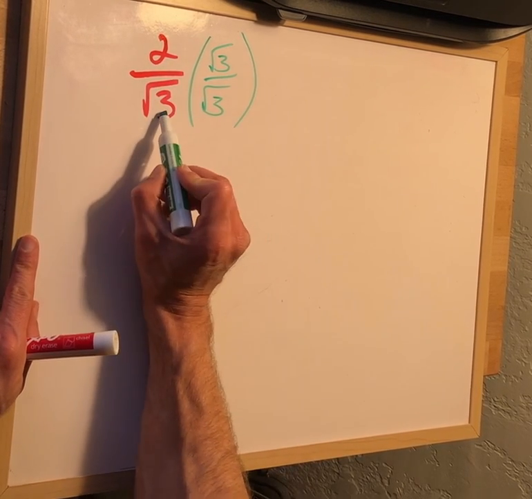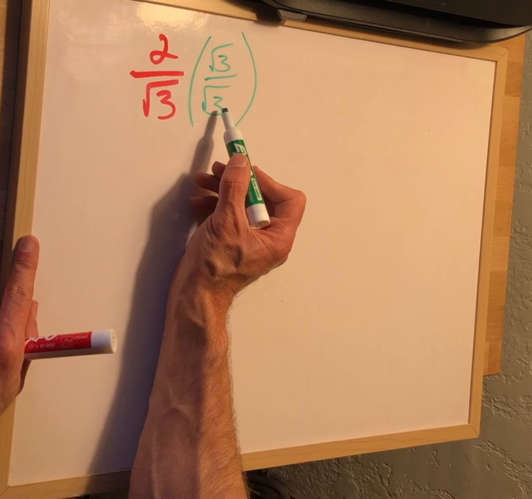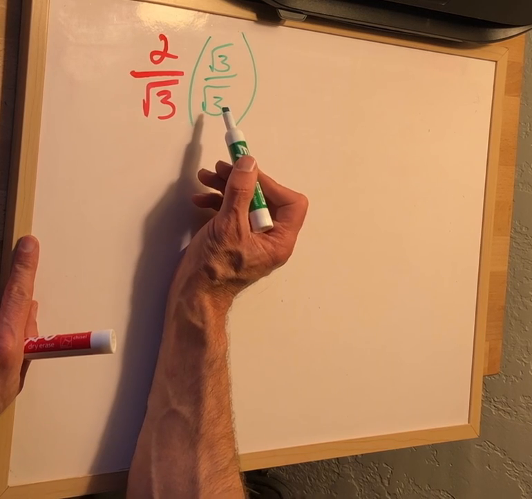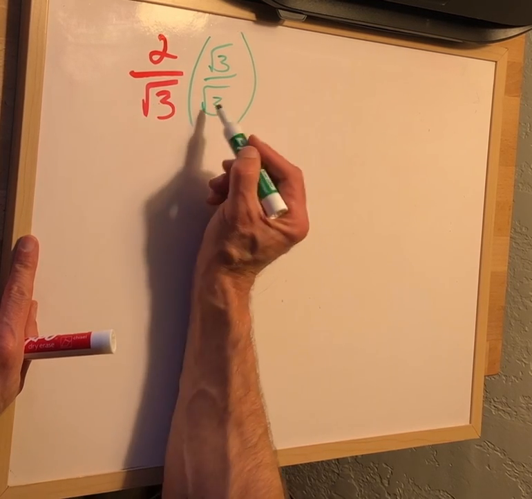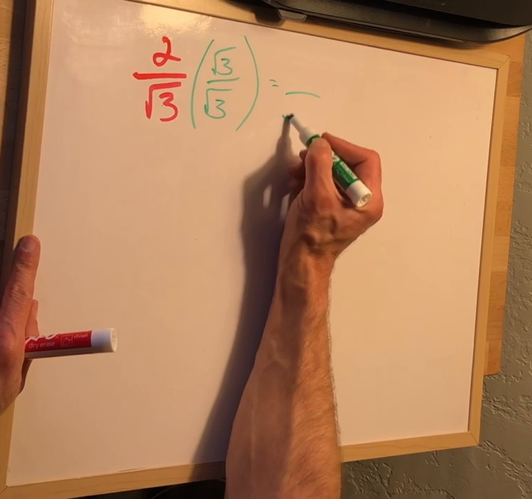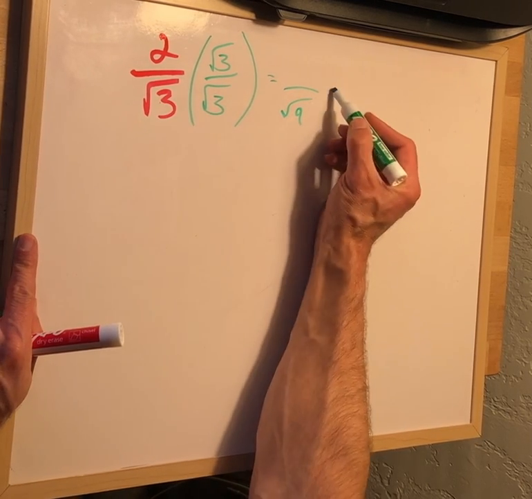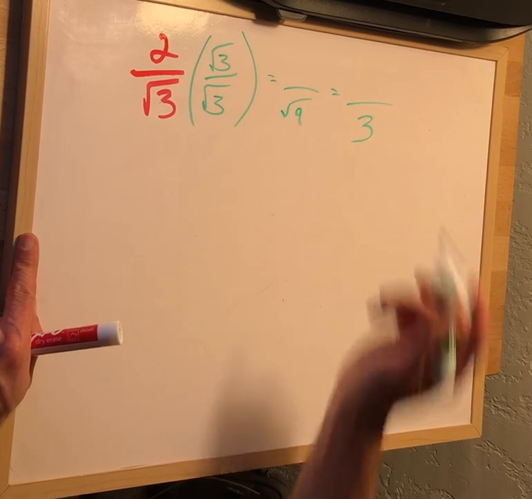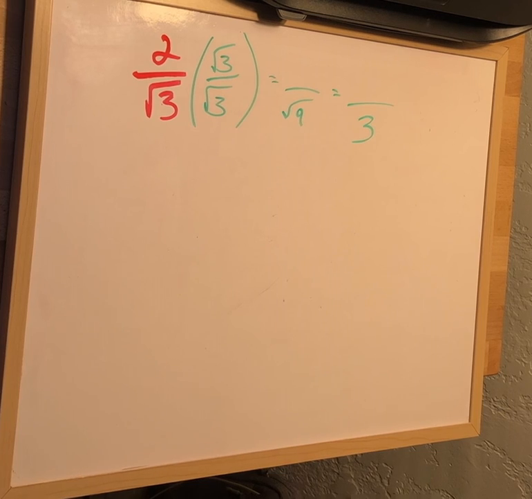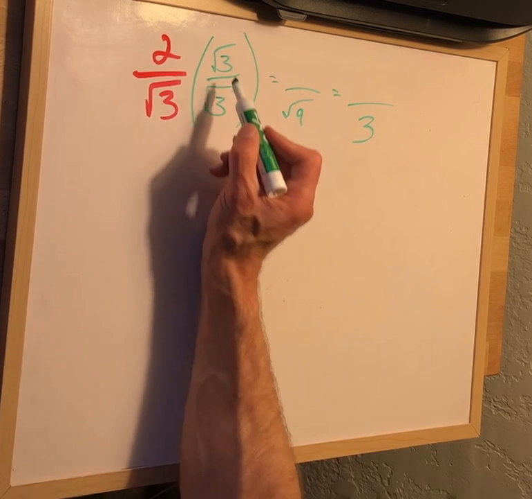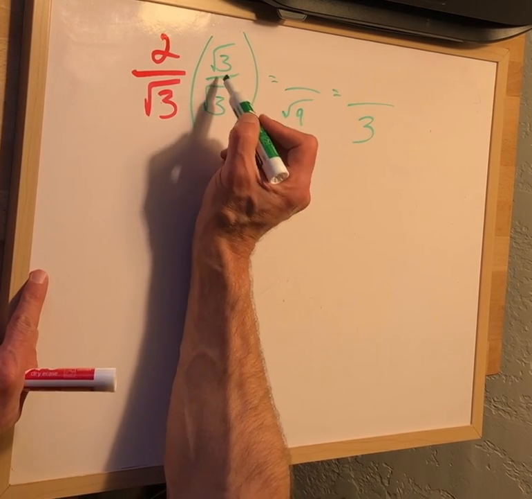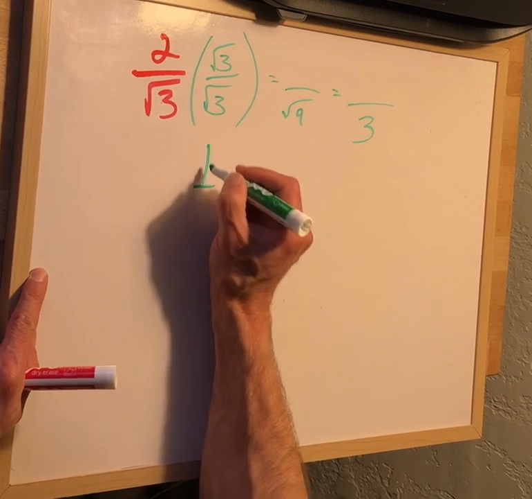In order for me to get rid of the root 3, I'm going to multiply it by its same term. Because root 3 times root 3 is the square root of 9, and the square root of 9 is 3. But whatever I do on the bottom, I have to do on the top. Root 3 over root 3 has a value of 1.